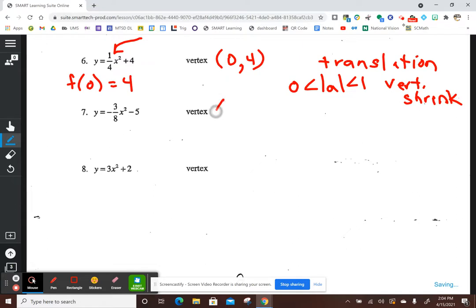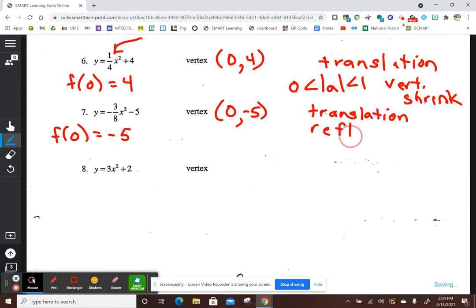For the next one, again, my axis of symmetry is x equals 0 because b is 0. So if I plug in f of 0, I get negative 5. So my vertex is 0, negative 5, which means this is translated because it's a translation unless your vertex is 0, 0. It's also a reflection. Why is it a reflection? It's a reflection because a is negative.